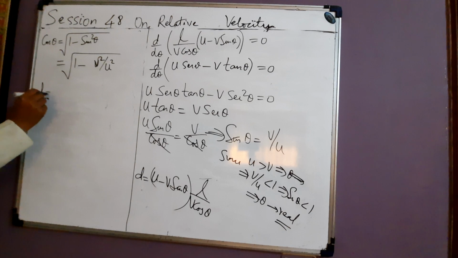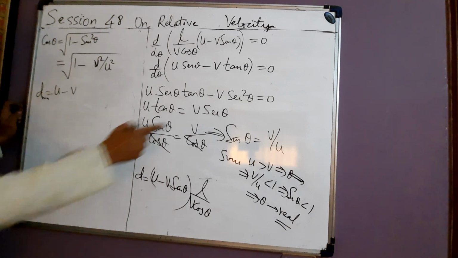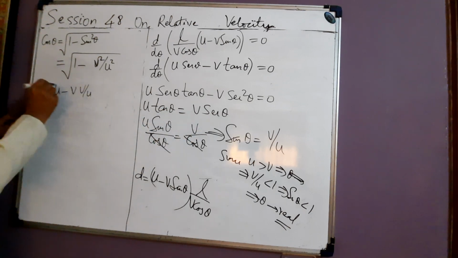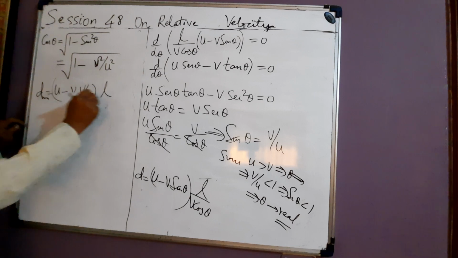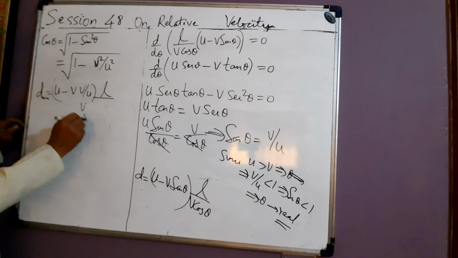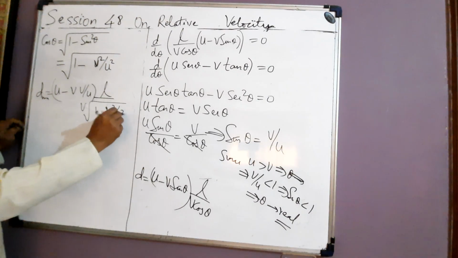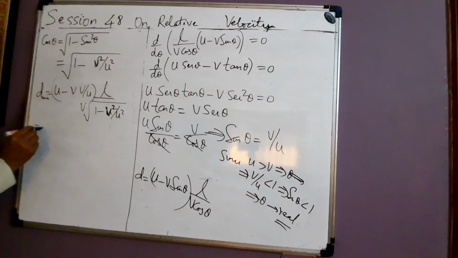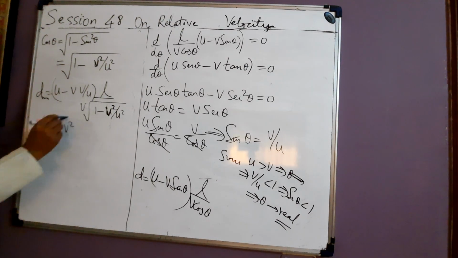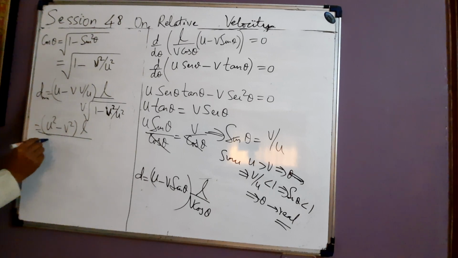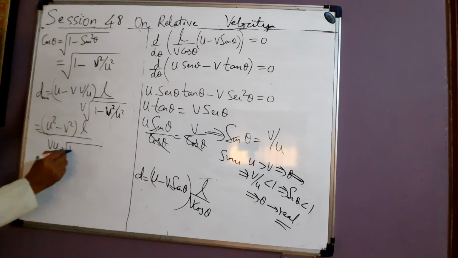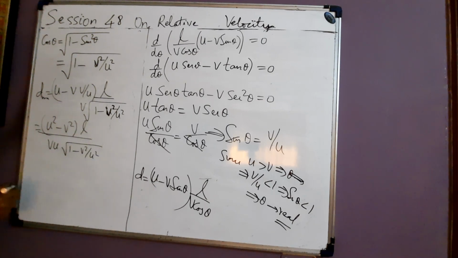So d minimum value will be u minus v, sin theta is nothing but v by u, into L by v cos theta. That is v times root of 1 minus v square by u square. So this becomes (u square minus v square) into L by uv root under 1 minus v square by u square.